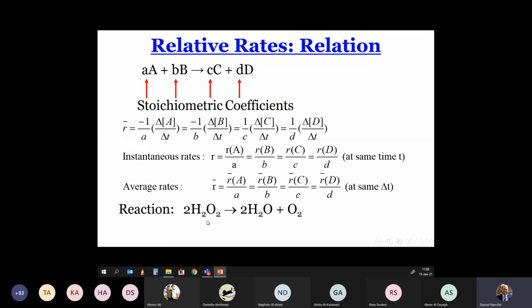Or you can write the average rate of the reaction, R bar, equals R bar of H2O2 divided by 2, equals R bar of H2O divided by 2, equals R bar of O2 divided by 1. Pay attention, at the same interval of delta t.